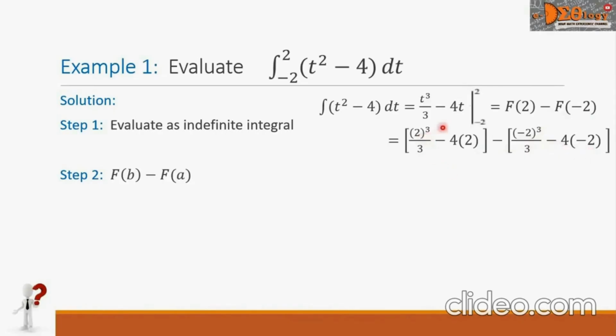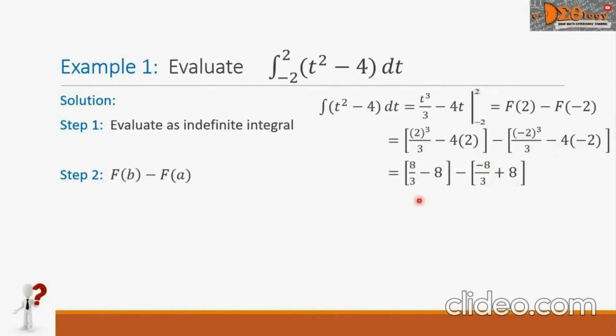We simplify the 2 cubed to be 8, then over 3 minus 4 times 2 is 8, minus, now the cube of negative 2 is negative 8 over 3. Then negative 4 times negative 2 is positive 8.